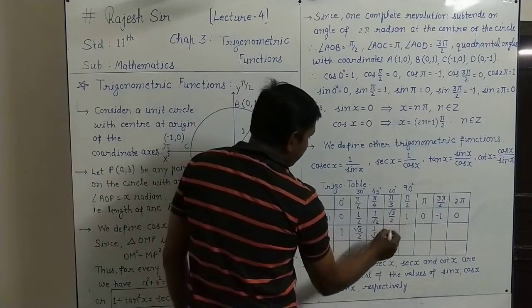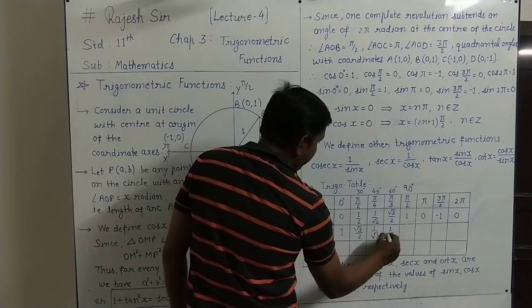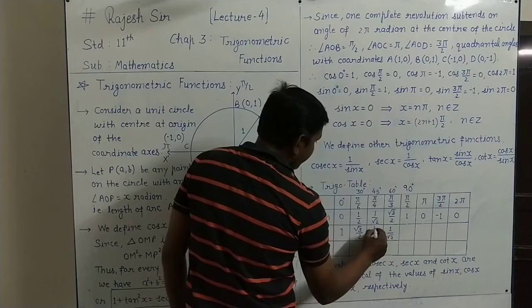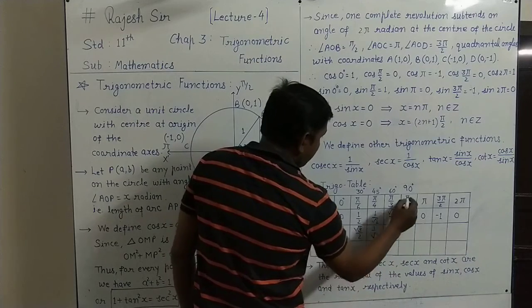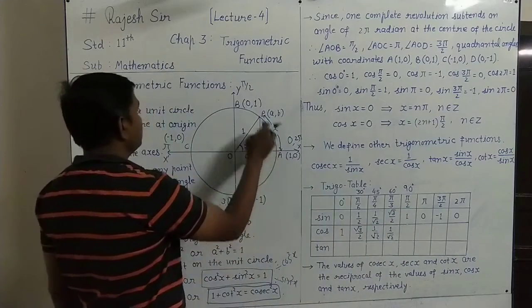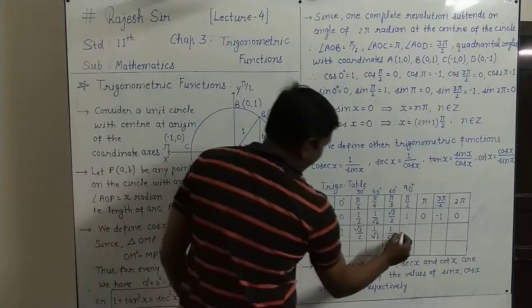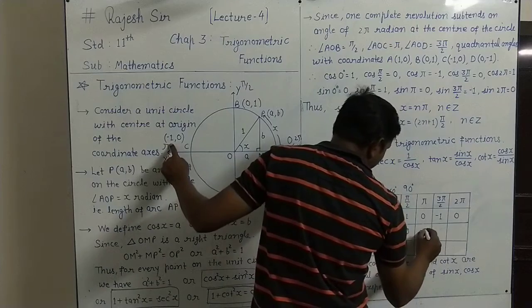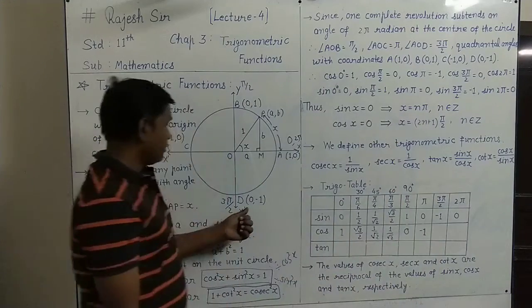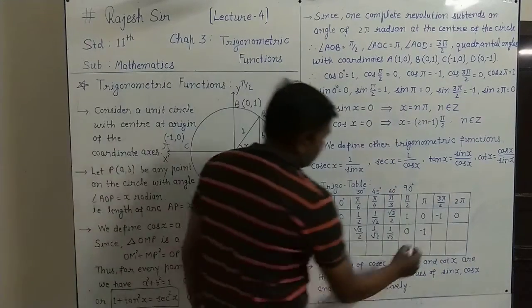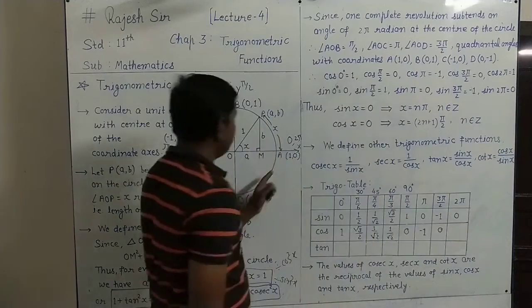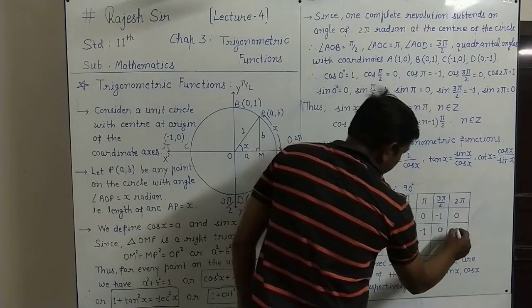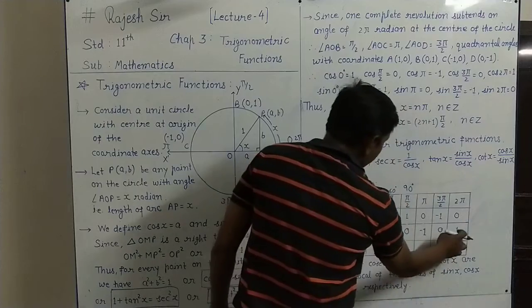Cos 60, that is pi by 3, is 1 by 2. And cos pi by 2 is 0. Cos pi is minus 1. Cos 3 pi by 2 is 0, and cos 2 pi is 1. Right? This way we get the sine and cos values.